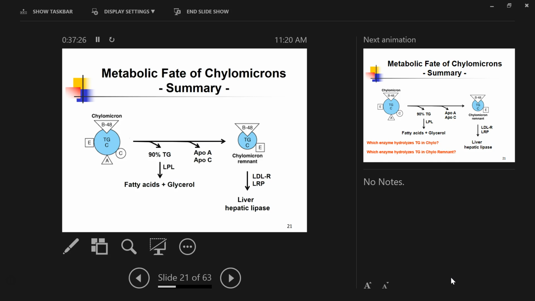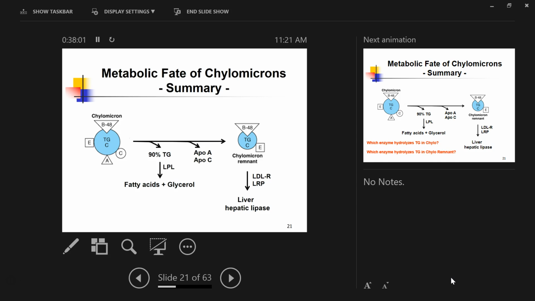And the triglyceride in chylomicron remnant, because the whole thing is taken up by the liver, is hydrolyzed eventually by a different enzyme called hepatic lipase. This is different from lipoprotein lipase. So again, the triglyceride in chylomicron usually is hydrolyzed or released by LPL.